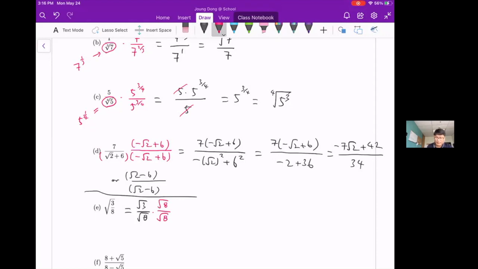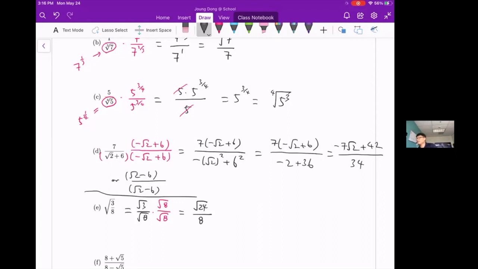Look at the numerator: square root of 3 times square root of 8. Then you can combine them into a big square root and multiply 3 and 8. That is the square root of 24 over 8. Is it okay? But wait a minute, we can do a little bit more.